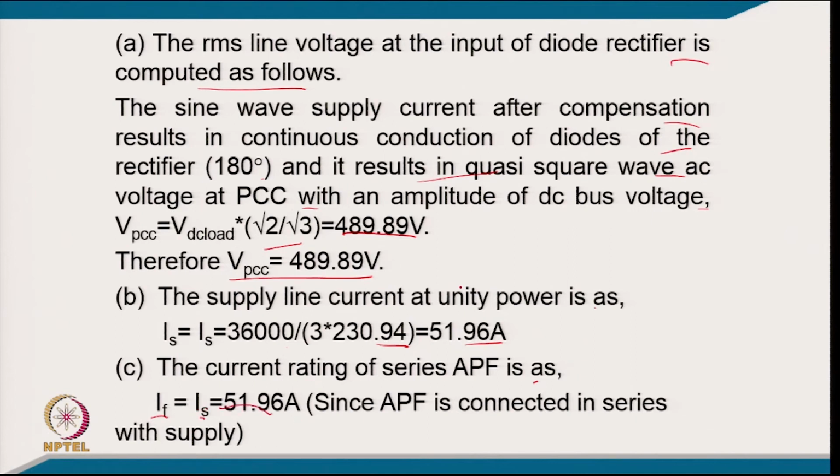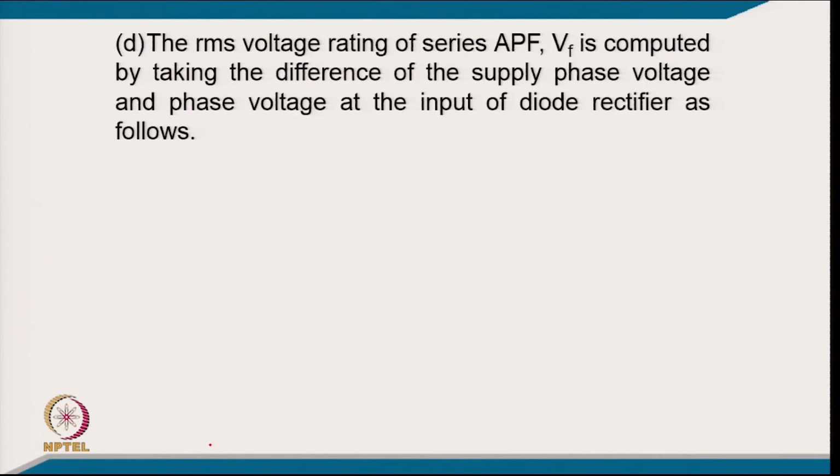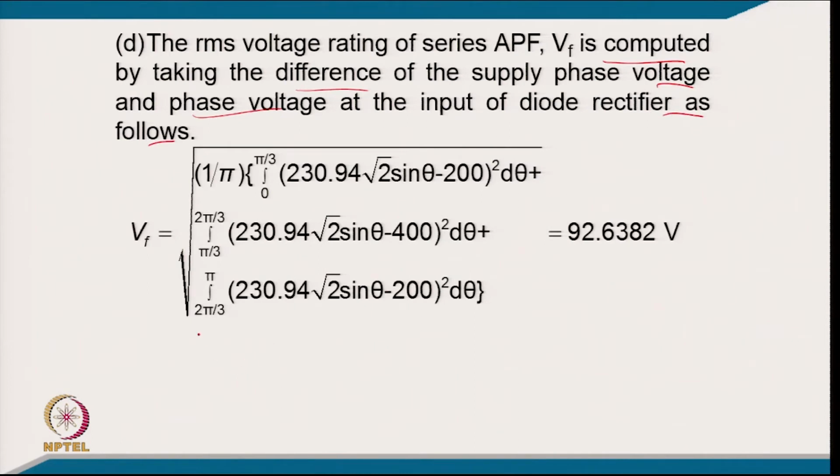So, it is also the same, 51.96 ampere, for the series active power filter, since it is connected in series with the line. And the RMS voltage rating of the series active filter, VF, is computed by taking the difference of the supply phase voltage and the phase voltage at the input of the diode rectifier as follows. So, we have 3 segments again, with half wave symmetry, of 2 by 2 by 3.